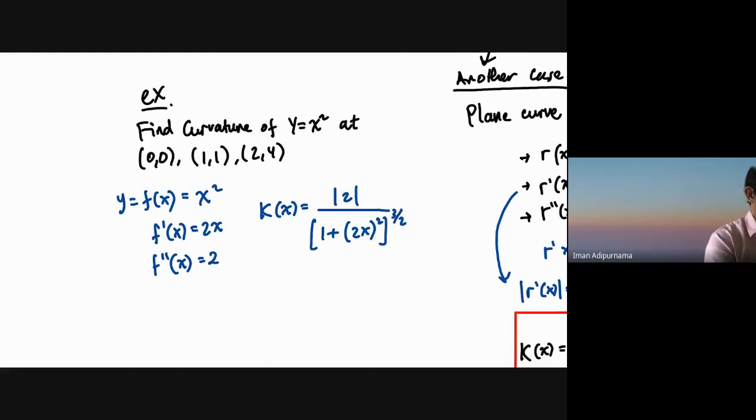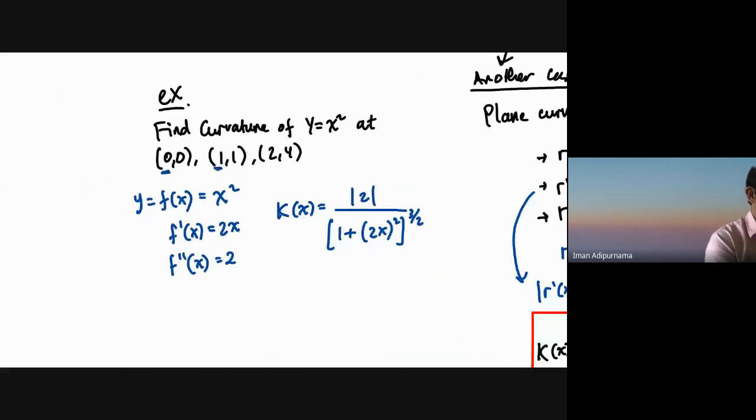Now we can look at 0, 1, and 2 for our x. Plug in 0, it's 2 divided by 1, so 2. For 1, the curvature is 2 over 5 to the 3/2.